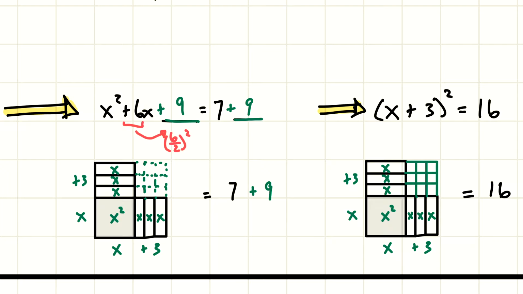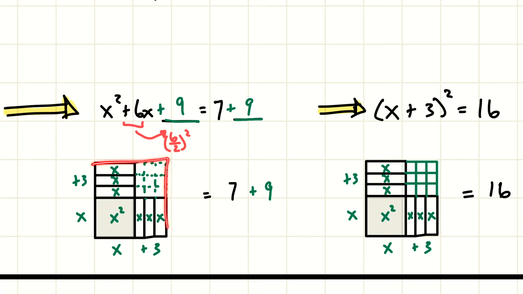It's 9 because 3 times 3 gives you 9, and this 3 came from the 6. If you take the 6, divide it by 2, and square it, you get 9. Half of 6 is 3, and 3 times 3 gives you 9.